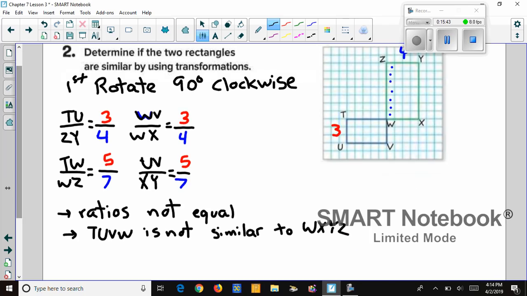And a way we can write that shorter is we could say the sign for similarity, that sign right here, and put a slash through it. Just like when we say things are not equal or not congruent. So that's an example of one where they are similar, one where they are not.